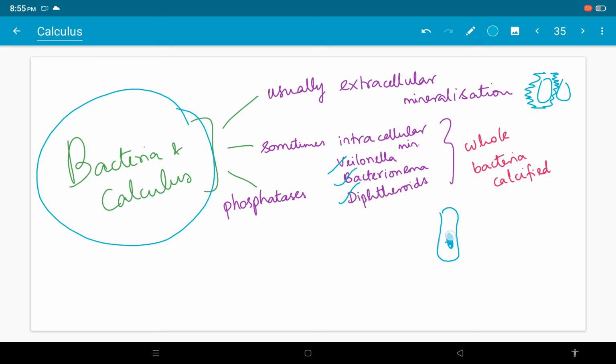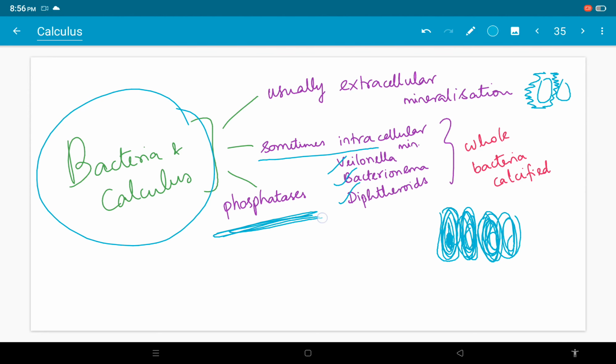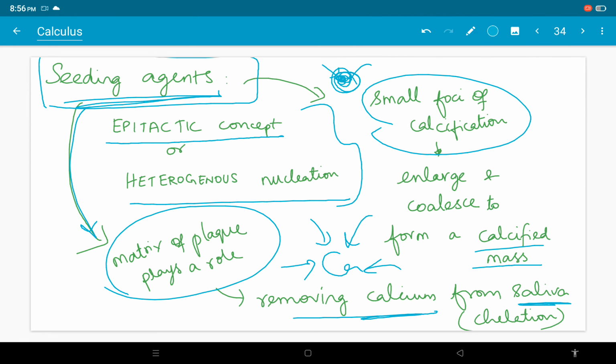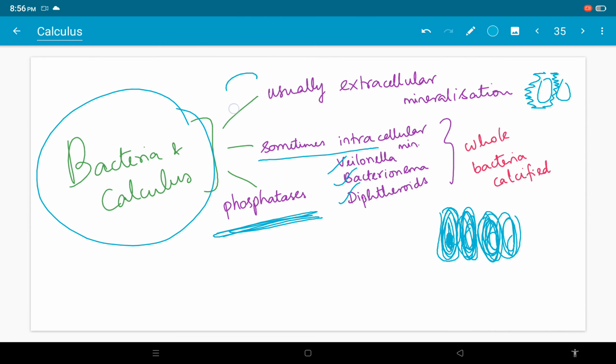The calcification starts intracellularly, which gradually spreads throughout the bacteria, and at one stage, the whole bacteria is engulfed by calcification. So calculus also contains whole bacteria which are calcified. And as we saw, the bacterial plaque produces phosphatases, which play a role in mineral precipitation. So these three roles are played by bacteria in calculus formation.